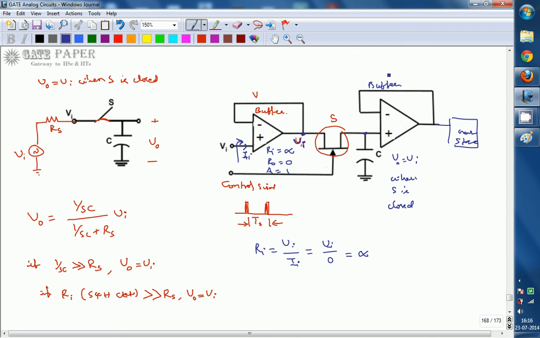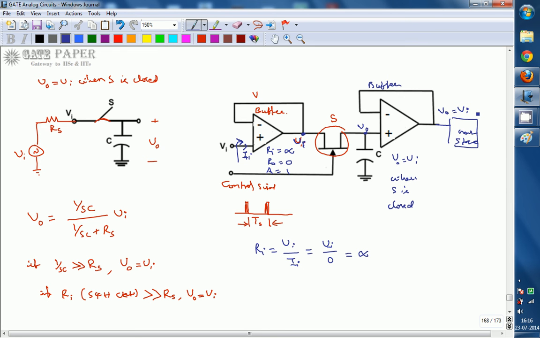A buffer is generally implemented with a non-inverting op amp. For a non-inverting op amp, if you short the output terminal to the inverting input side, that will act as a buffer. So the output of this one, V0, is nothing but Vi itself.